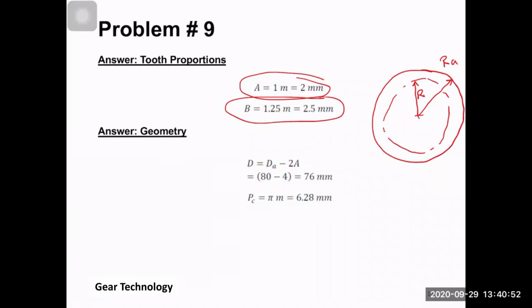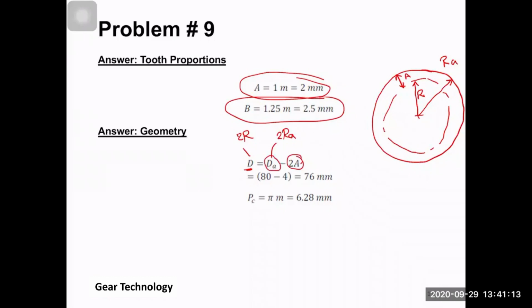There is a relation between them. If you consider the diameter, 2 multiplied by R is equal to 2 multiplied by RA minus 2A. The distance between here and here is called the addendum, that's why we're subtracting 2A from this diameter.